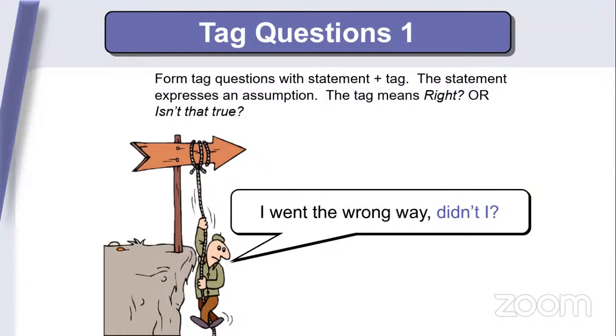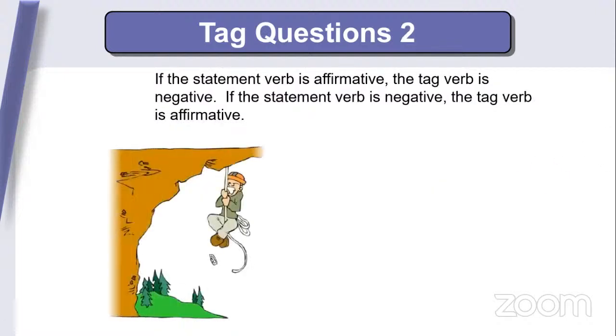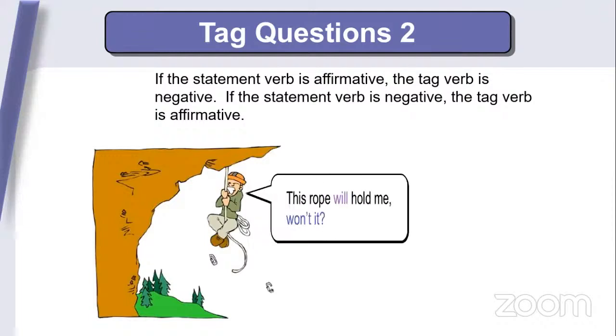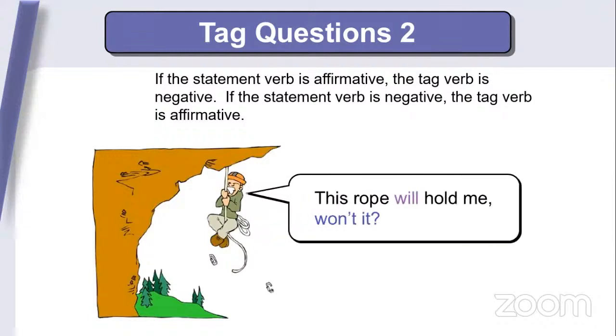Sorry, I went the wrong way, didn't I, for example? That's another example of that. The statement is positive and the tag is negative. So always, if the statement verb is affirmative, the tag verb is negative. If the statement verb is negative, the tag verb is affirmative. We're gonna work in that way. So this rope will hold me.